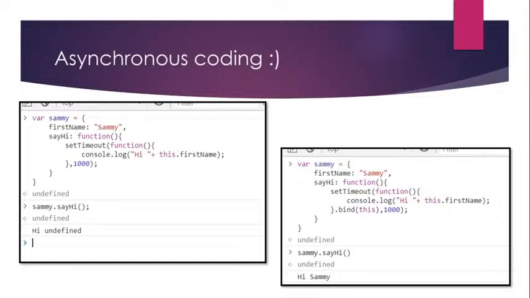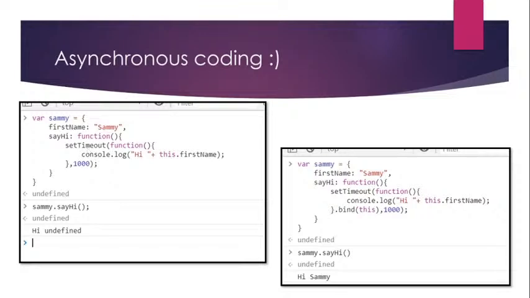It's a function defined in the window scope, and I'll just explain it to you. setTimeout takes two parameters. The first one is a callback function, which is this right here, and the second argument is the number of milliseconds after which the setTimeout function is going to be executed.